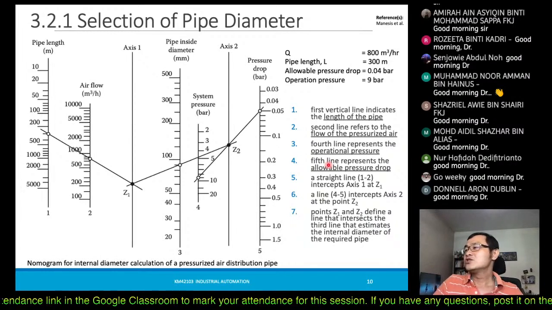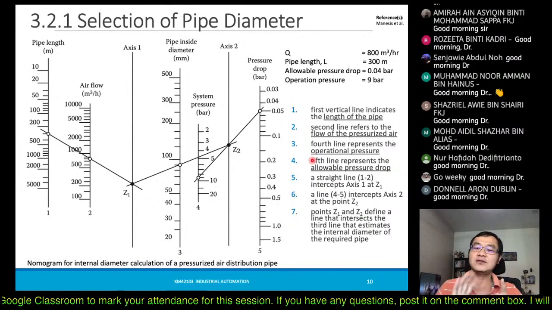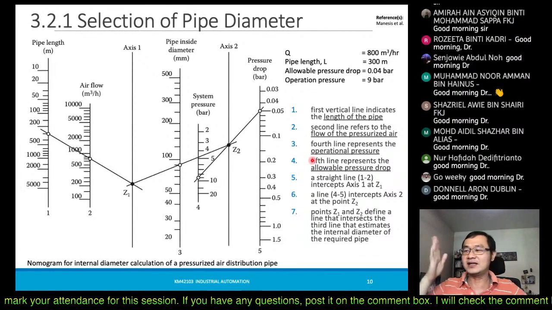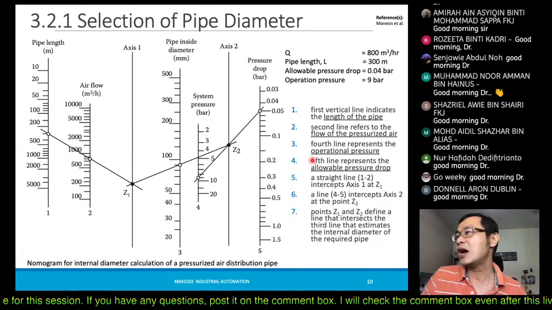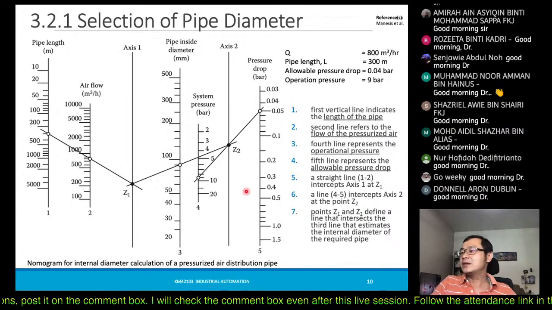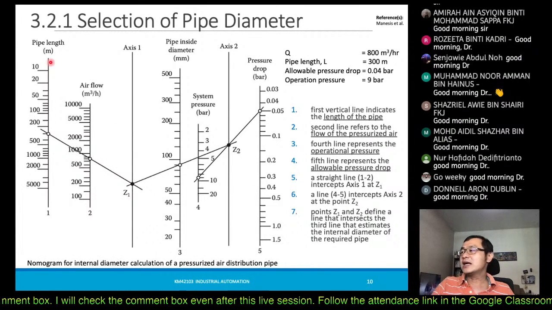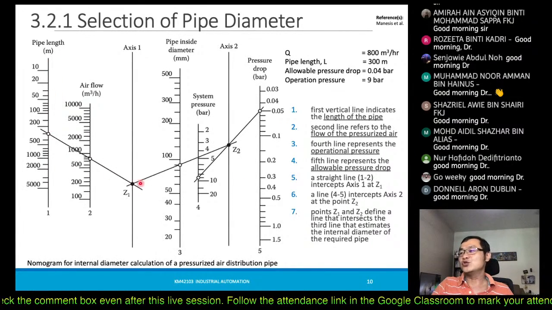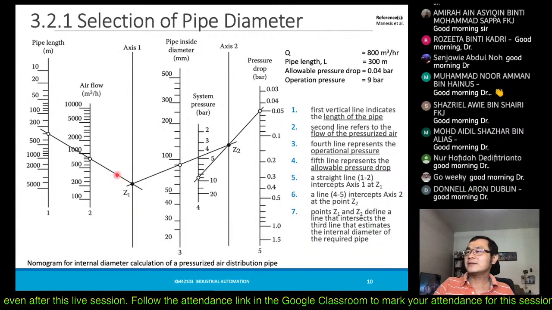So it can be in circular form or in linear form, like rulers. So how is this nomogram used? No formulas are required, we just have to use rulers.